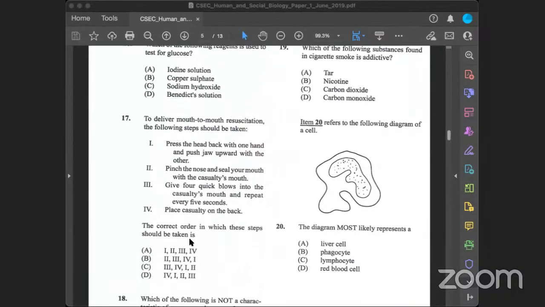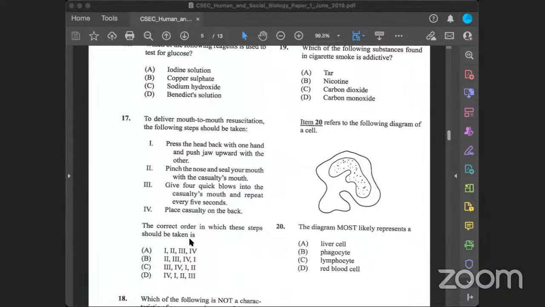17. Can somebody read that one? What is this one? This is CPR. We did deliver mouth-to-mouth CPR, so that one should be easy for you all. Just remember what we did. What do we have there? Oh, easy answer, sir.